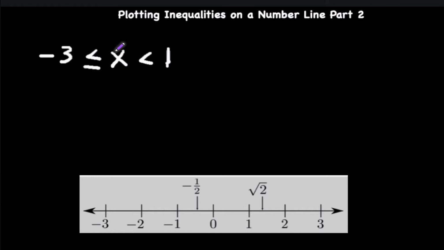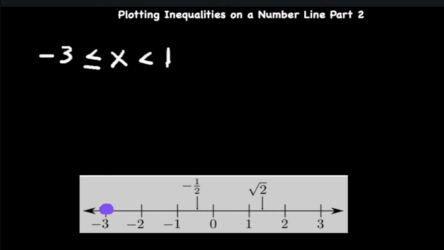Let's take x is greater than or equal to -3. So -3 here is going to be a closed circle due to the inequality symbol. And since we're talking about greater than, that means we're going to shade towards the right. But we're going to hold off on the shading for now. Let's come back and read x is less than 1.